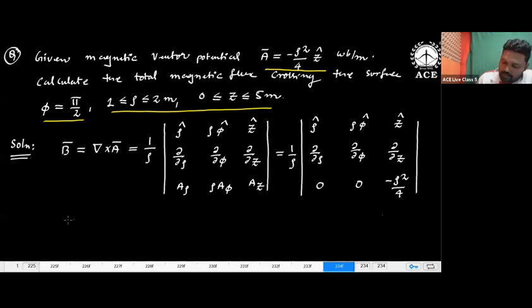So what is this one? B is equal to 1 by rho into rho cap into this minus this into this.